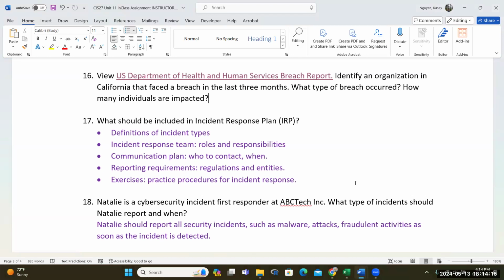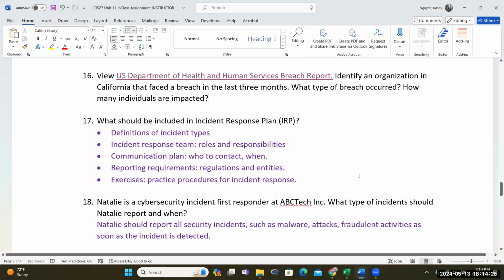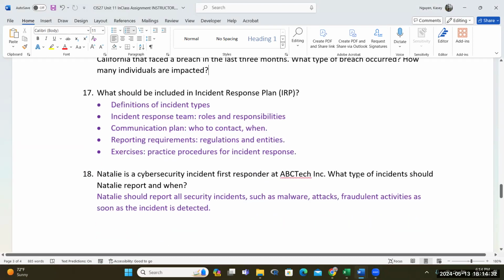So for 18, it says Natalie is a cybersecurity incident first responder for ABT Tech Inc. What type of incident should Natalie report and when? And the reason why I put this question is because people always ask me, oh, when should I contact so and so, right? All security incidents need to be reported.